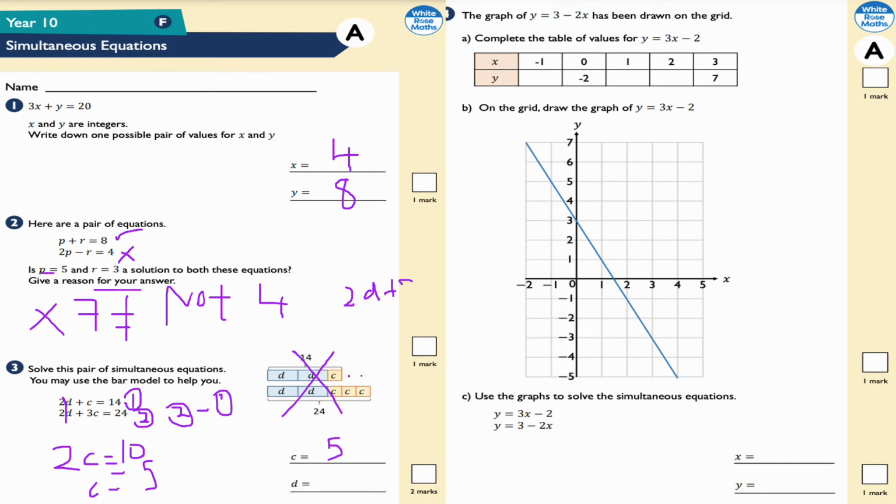So I'm forming a linear equation. Taking off 5 on both sides and dividing by 2, I get that d is equal to 4.5, because 4.5 plus 4.5 plus 5 does indeed give me 14. So take off 5 from both sides and then divide by 2.